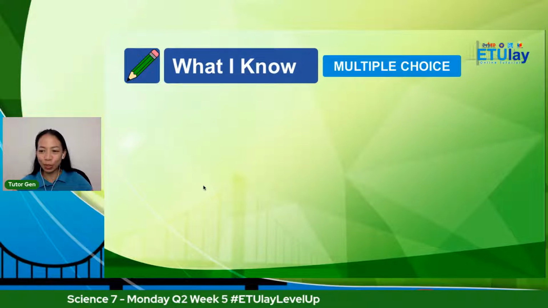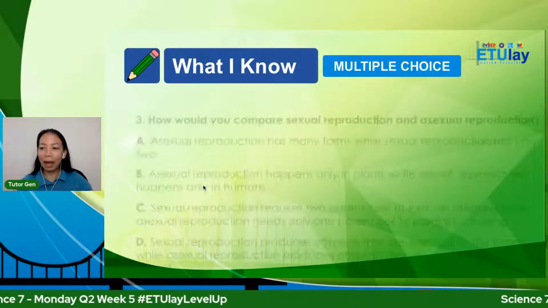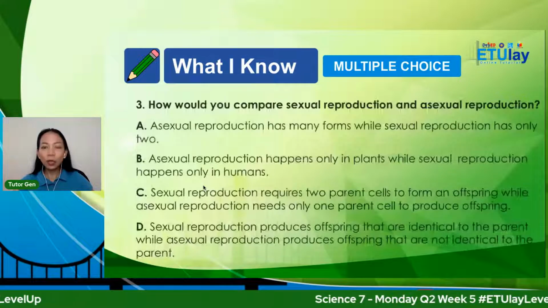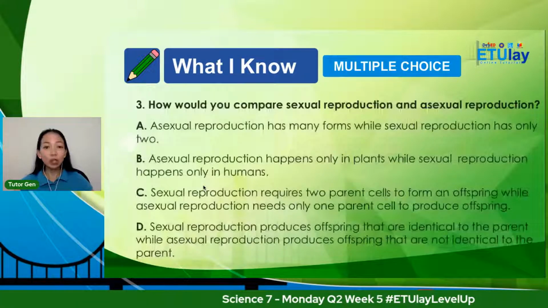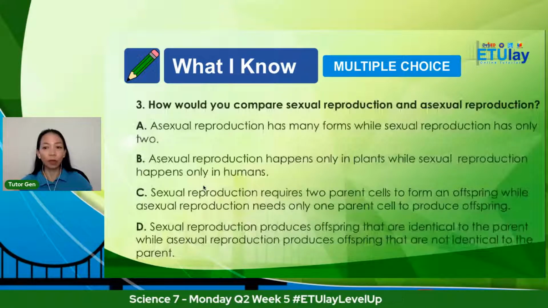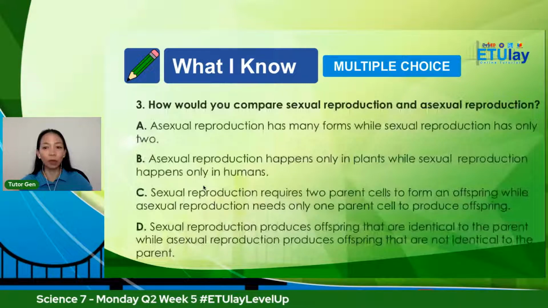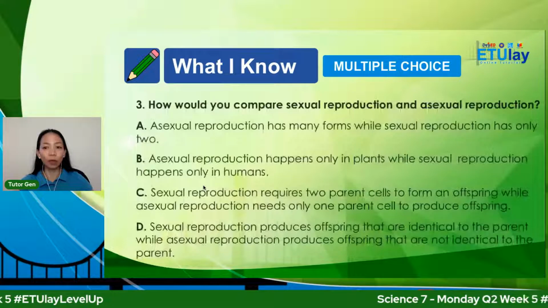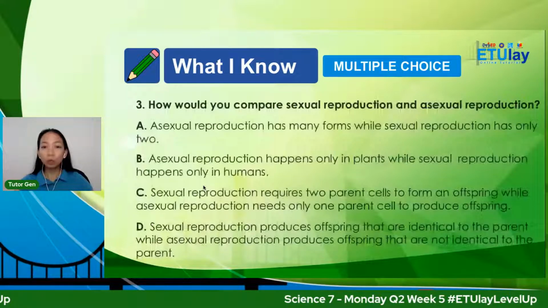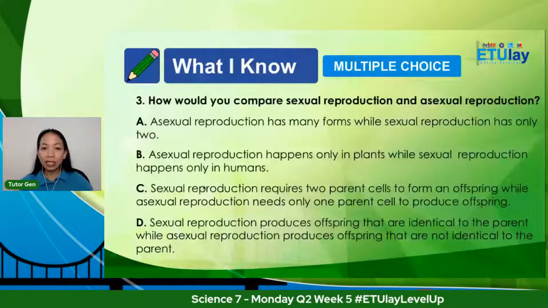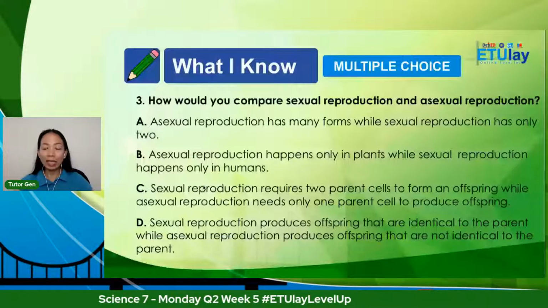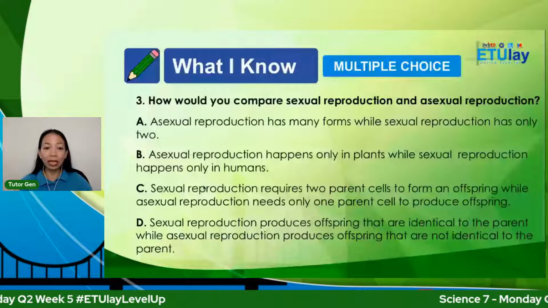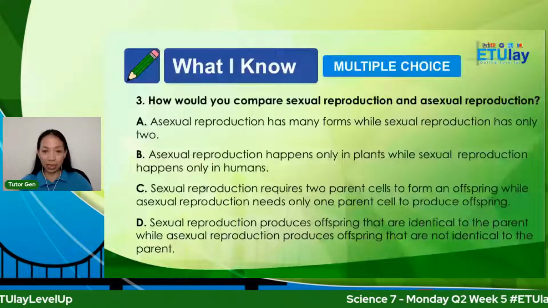Question number 3, ito medyo mahaba. How would you compare sexual reproduction and asexual reproduction? Letter A, asexual reproduction has many forms, while sexual reproduction has only 2. B, asexual reproduction happens only in plants, while sexual reproduction happens only in humans.